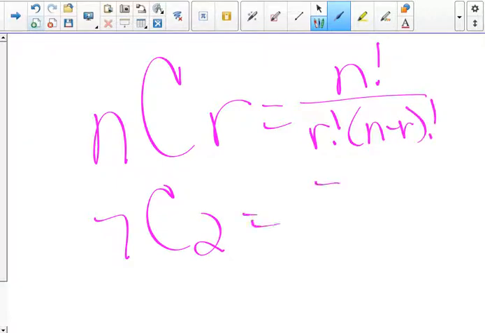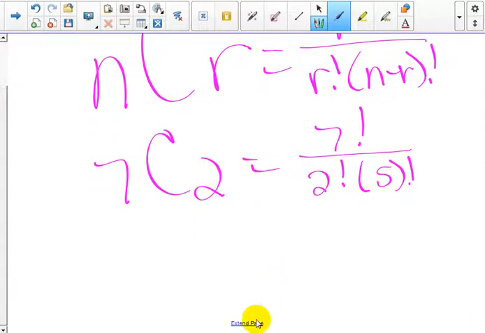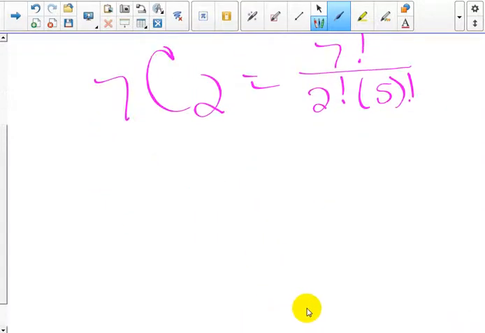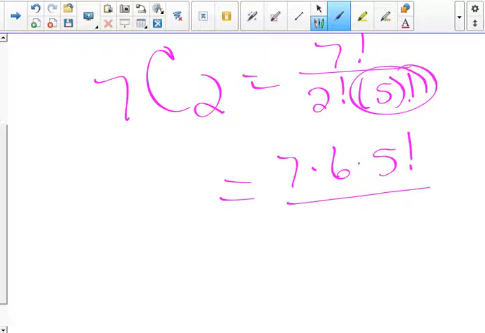So this would be equal to 7 factorial over 2 factorial times 7 minus 2, which is 5 factorial. Well, this one would be quite simple to do by hand. So we know 7 factorial is 7 times 6 times 5 factorial. Notice that I'm just going to my largest factorial that I want to clear.